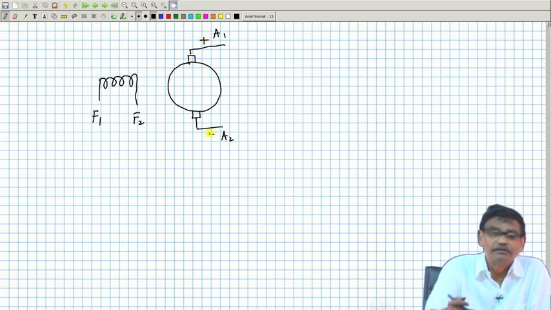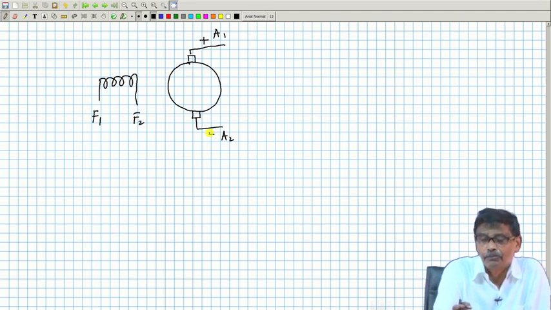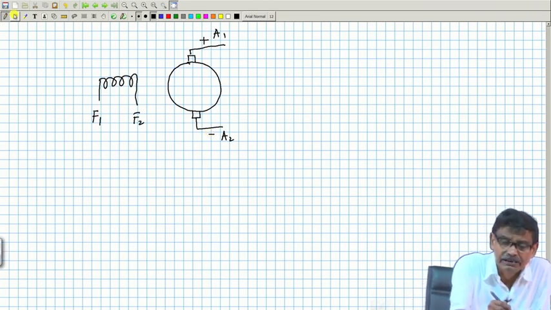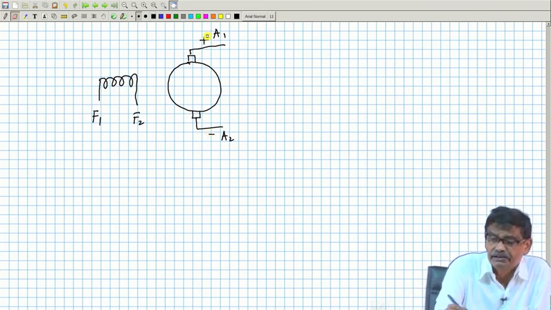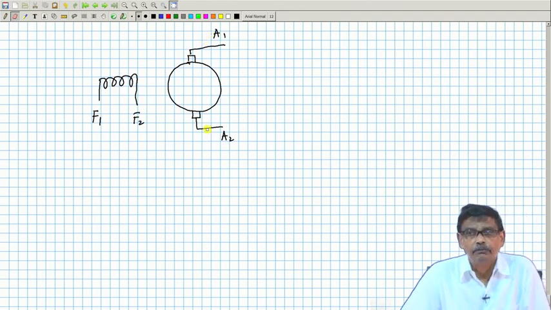Of course, this plus minus may interchange depending upon the direction of rotation, depending upon the direction of flux from left to right. But anyway, if it is an idle machine, no point in showing this plus minus, but only a pair of brushes. This is how it will be shown.